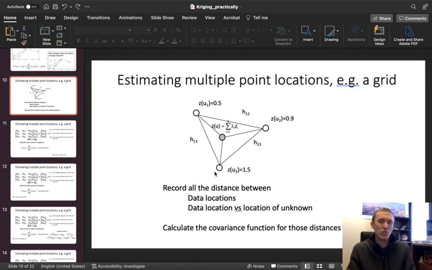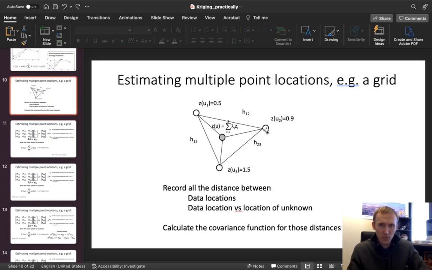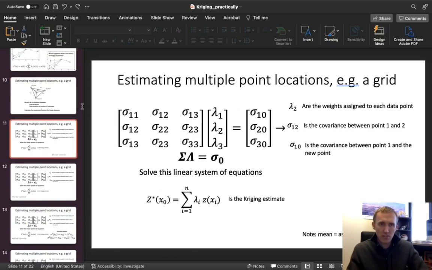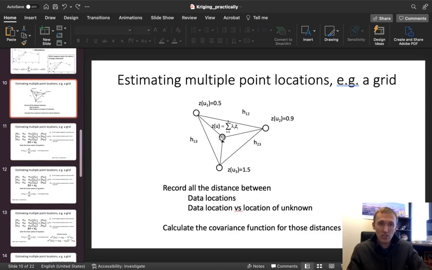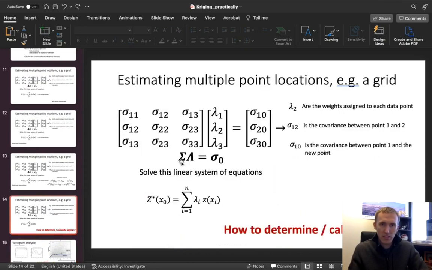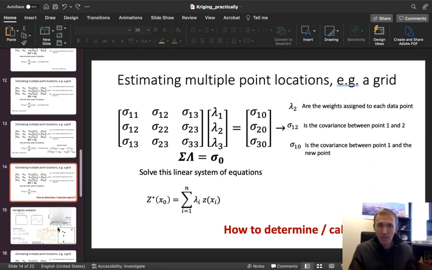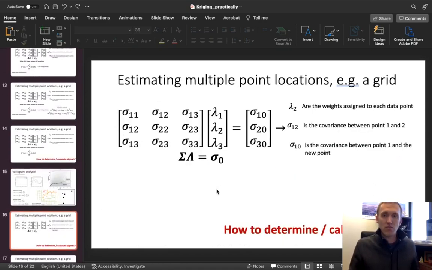We plug that into our covariance. That gives us our capital sigma ij here. We know what the distance is between each of our data points and our new estimated location. We take those distances, plug them into our covariance equation here, and that's what we use to populate this sigma i naught term, sigma 1 naught, sigma 2 naught, all the way up to as many data points as we have. And then we can solve that system for lambda.